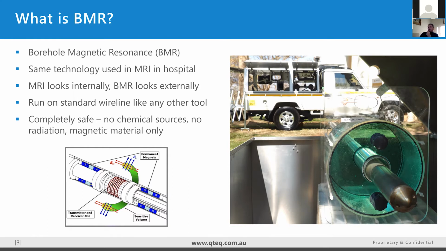Borehole magnetic resonance is our company's name for it, but there are others out there as well. It is a tool that we can connect to a standard wireline, 4-core or 7-core cable, and run down a hole to collect data like any other wireline logging tool. There are no chemical sources and no radiation, just a magnetic material and some antennas to collect a measurement.